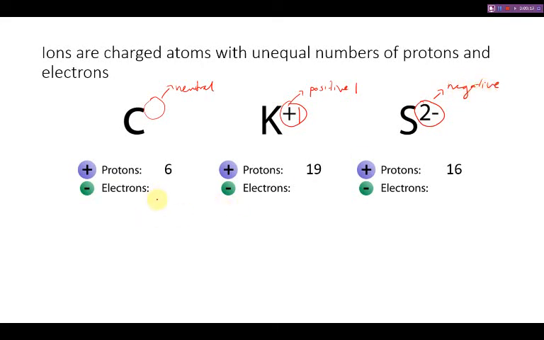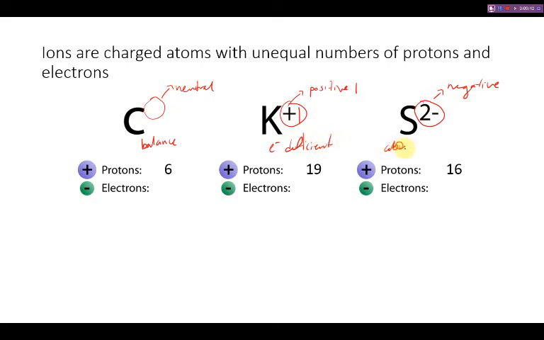And to determine the number of electrons that are present requires a bit of deduction. So if there's a balance of protons and electrons, we end up with a neutral charge. If there is a deficient number of electrons, we end up with a positive charge.